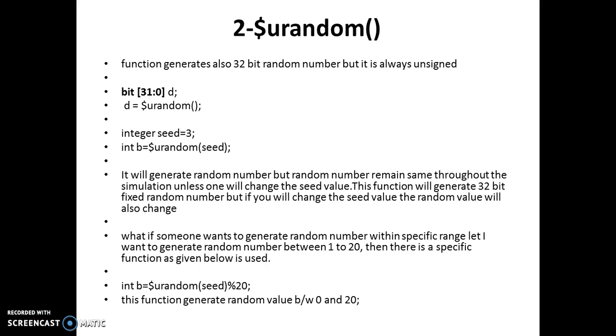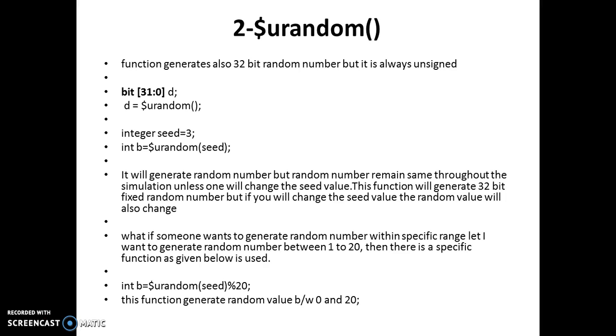Okay, so $random or $urandom, they are generating random values across the full 32-bit range. But for example, if I want to generate a random value within a specific range, for example between 1 and 20, in that situation you have to use a specific sign called modulo.